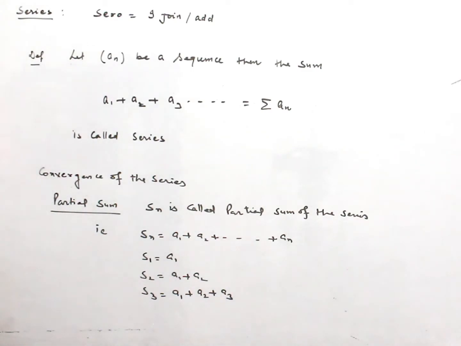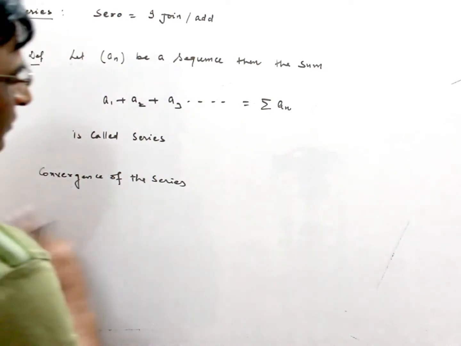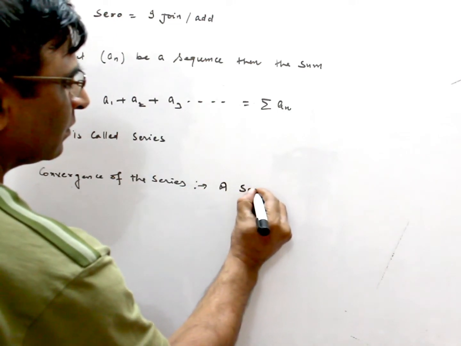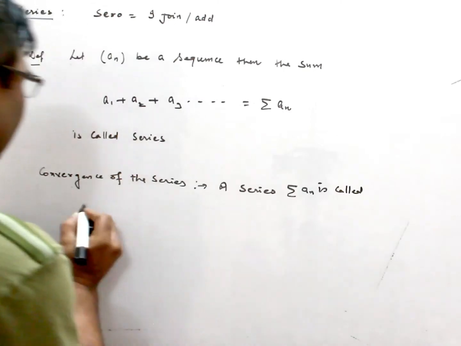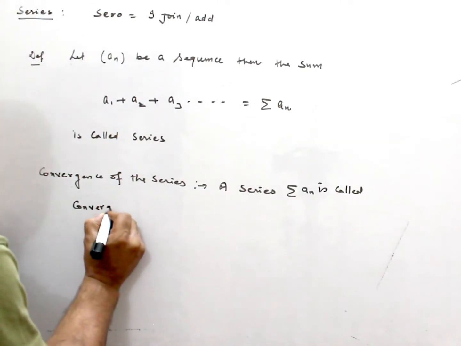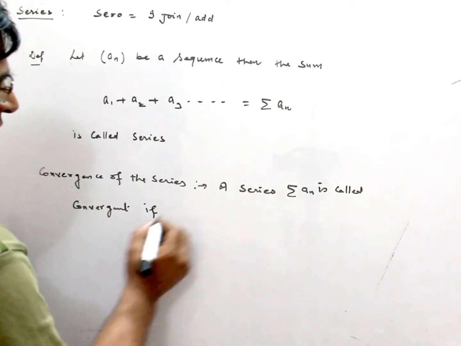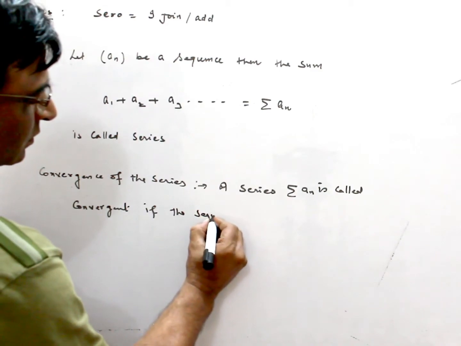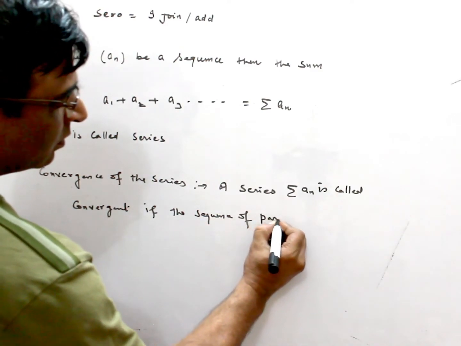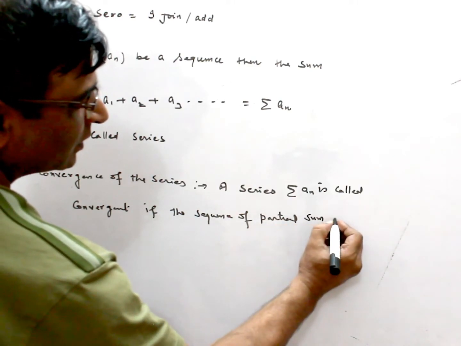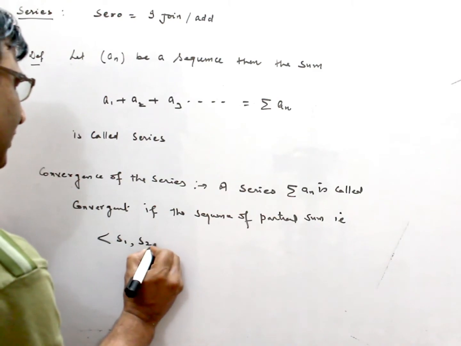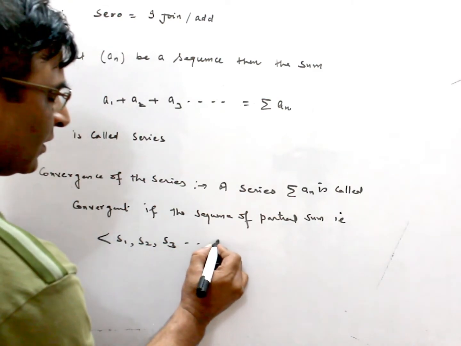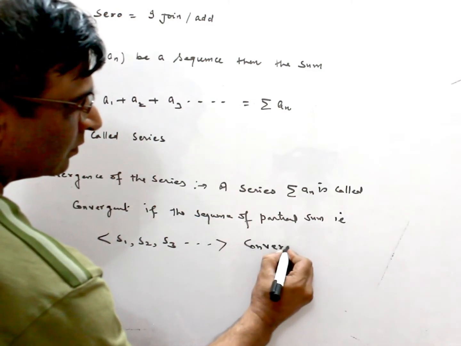So the convergence of the series, or we say a series sum of A_n is called convergent if the sequence of partial sums, that is S1, S2, S3, converges.